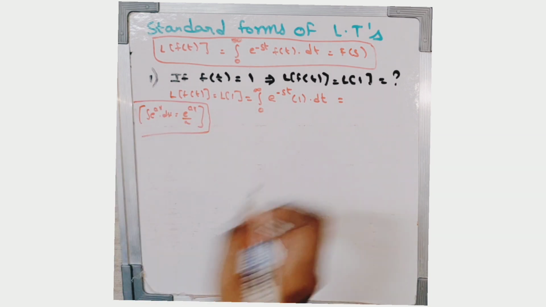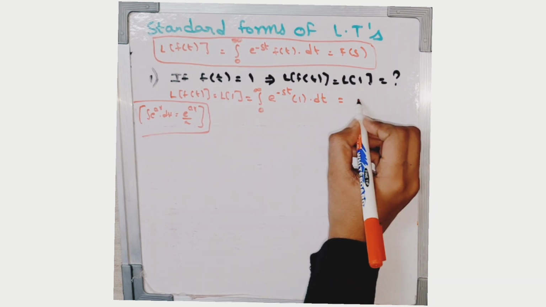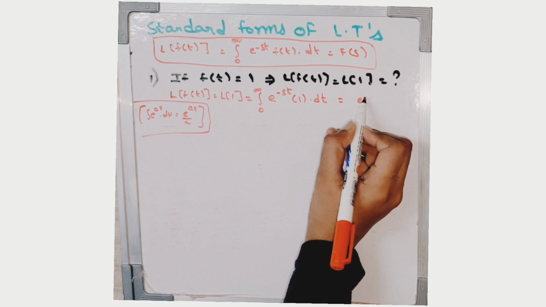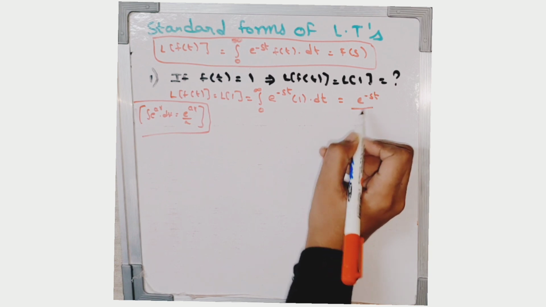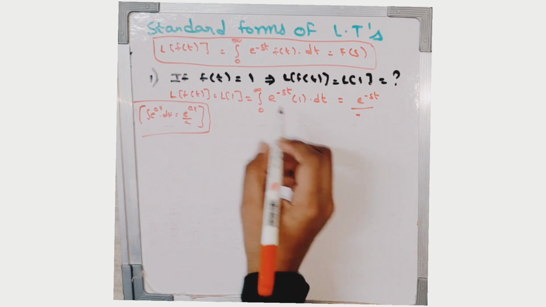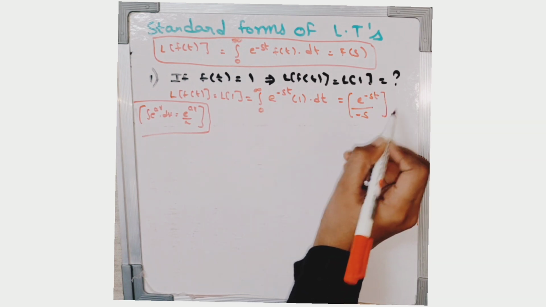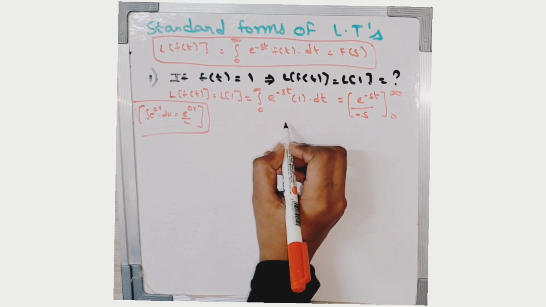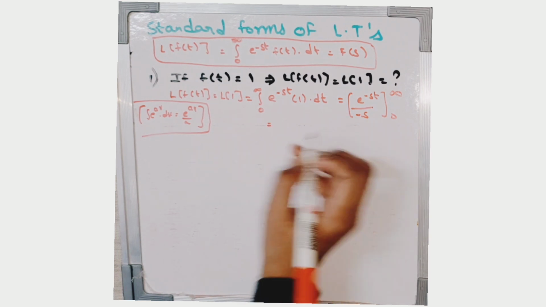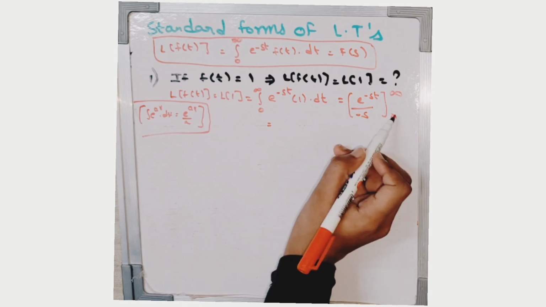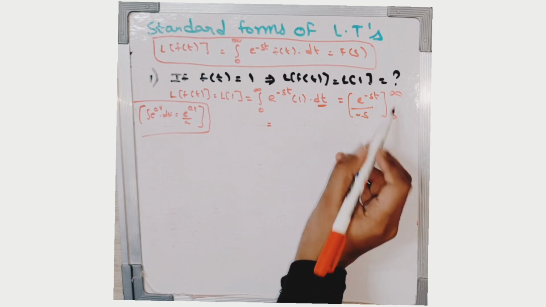So we get e power minus st divided by minus s, and you have to apply the limits 0 to infinity. Take this s outside. These limits are for t, since it is dt.